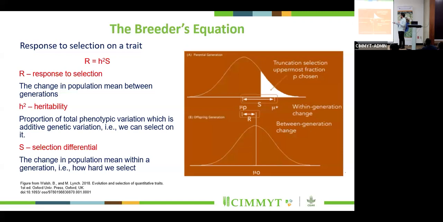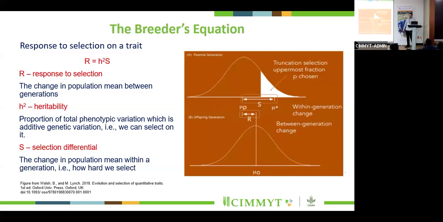So this is S, but you will find when you get into the next generation, you will have moved the mean to the right, but you won't have moved it all the way over here because heritability is not 1, because only the proportion of this phenotypic variation which we could select on has changed, but not the environmental component. So we've moved the mean a little bit, and so R equals H squared S. R is the response to selection.